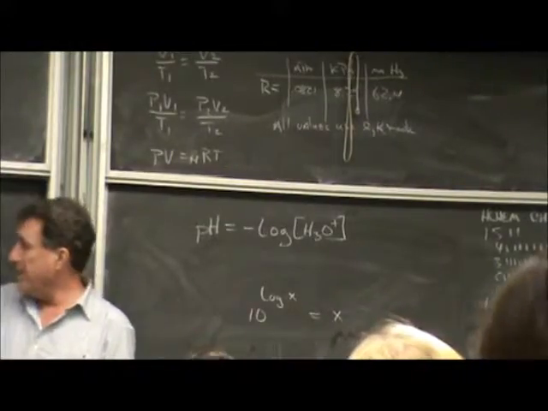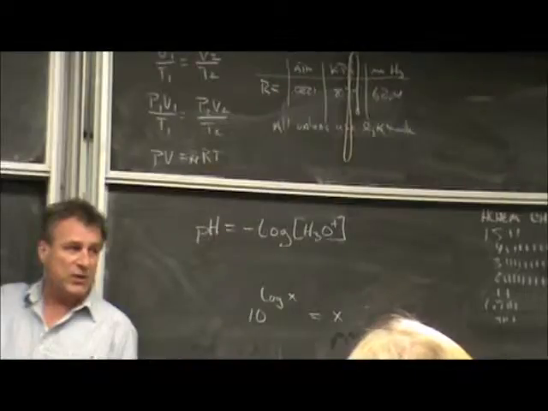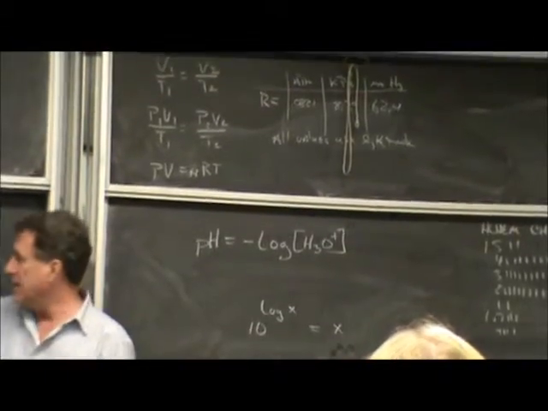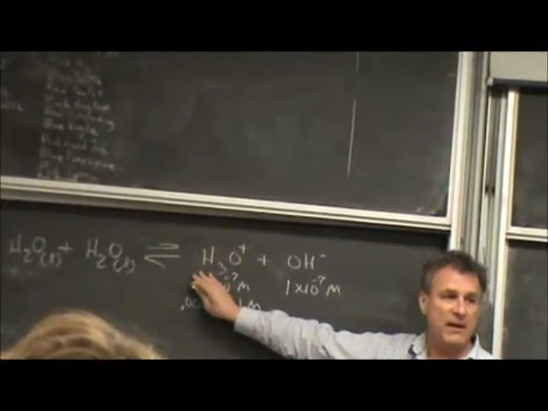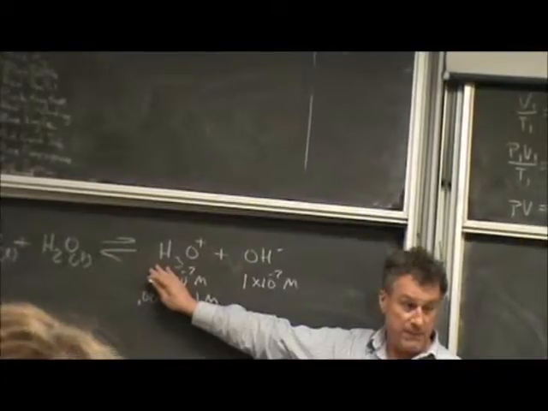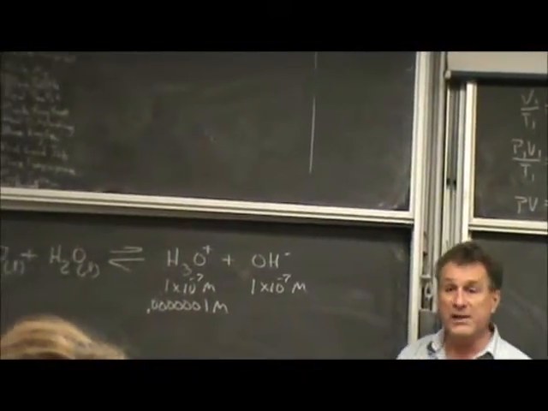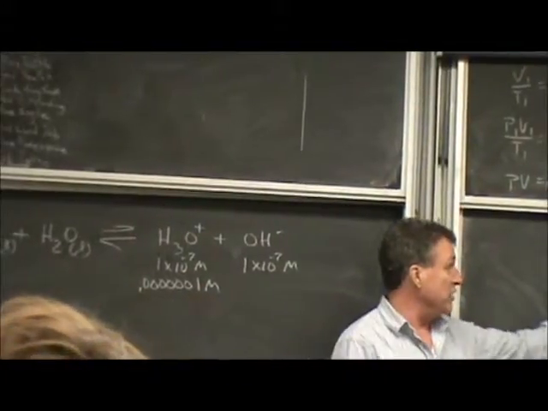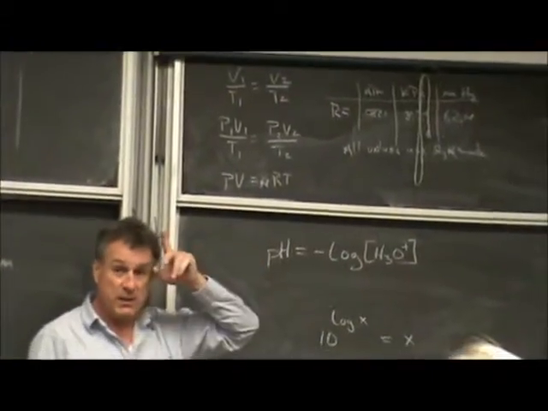So if we have numbers written in scientific notation, if the mantissa, the number out front, is 1, then the logarithm of that number is just the exponent, isn't it? So what is the logarithm of that number? Negative 7, and we have to change the sign to get the pH, so the pH is 7.